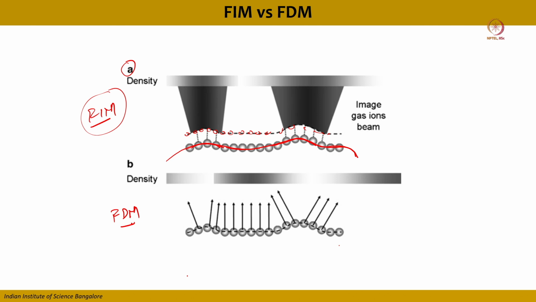Now in FIM, the region of high curvature will appear bright, because this is directly related to the high density of hits on the film image.